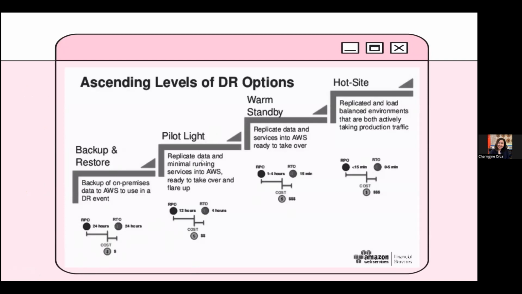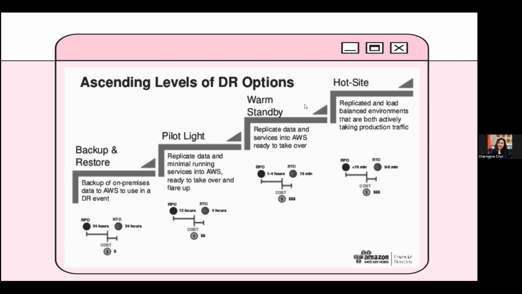Then we have pilot light. Ang gawa ng pilot light is we replicate data and minimal running service into AWS, ready to take over and flare up. So here, mas mababa yung RTO natin and yung RPO, but it costs more.